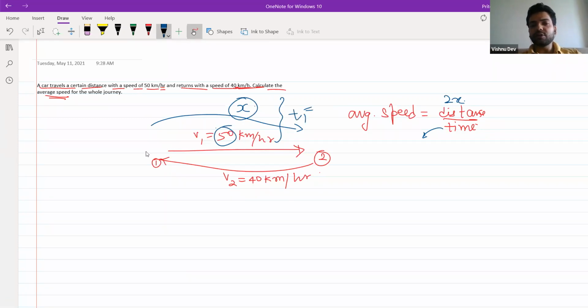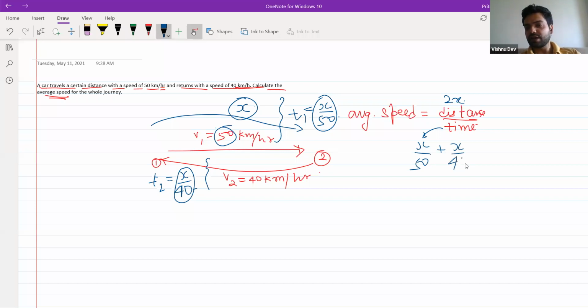T1, the time taken to go from point 1 to point 2, will be distance by speed. Similarly here, time taken to go from 2 to 1 will be distance by speed. So I just added these two times here, x by 50 plus x by 40. Now understood, guys? Everyone?